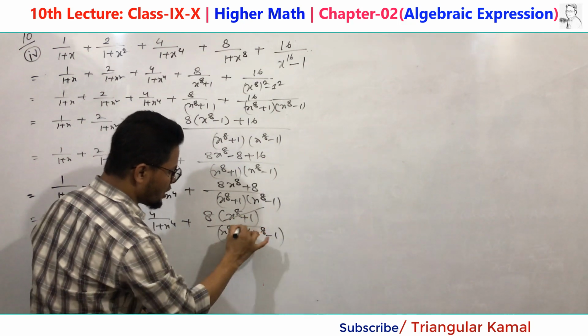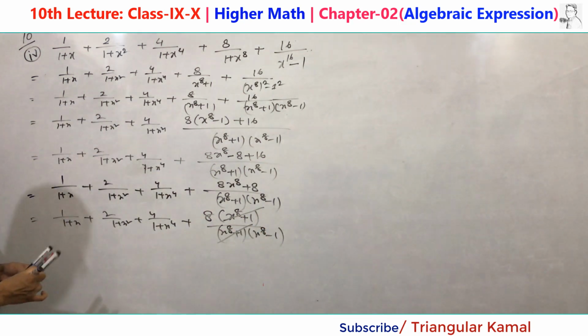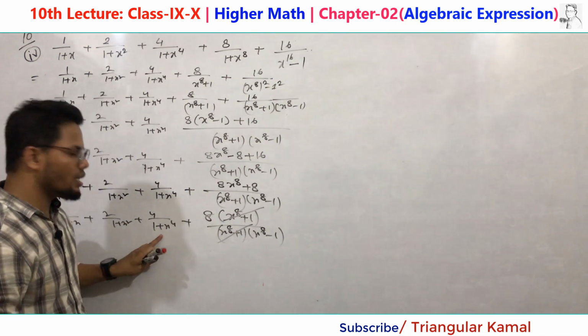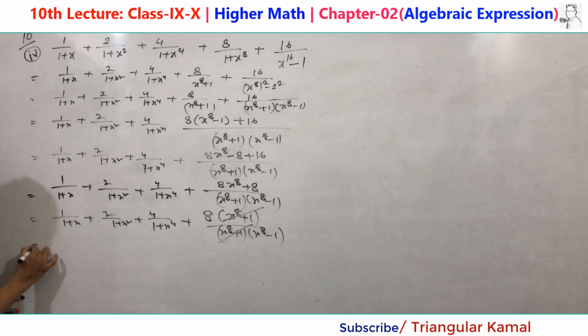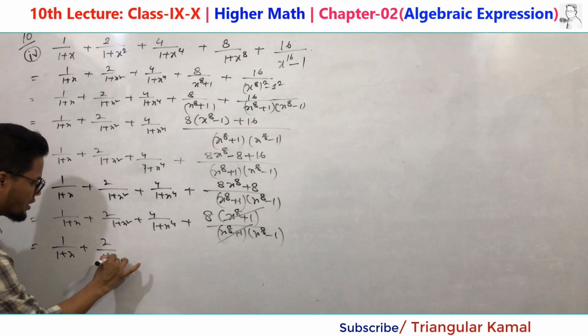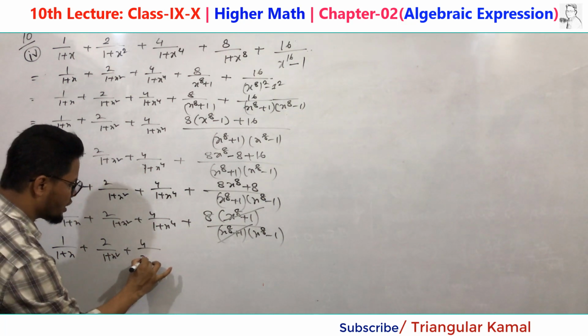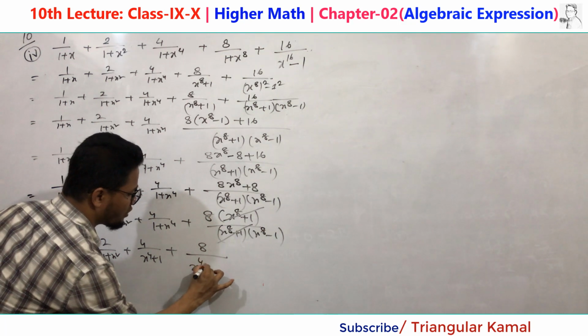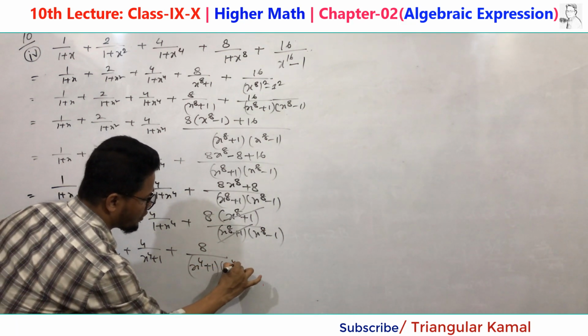Just now eliminate the plus part, and again you have to apply the formula here, a square minus b square, then connect this one. So now this one will be 1 by 1 plus x plus 2 by 1 plus x square plus 4 by x to the power 4 plus 1, and this one will be 8 by x to the power 4 plus 1 into x to the power 4 minus 1.